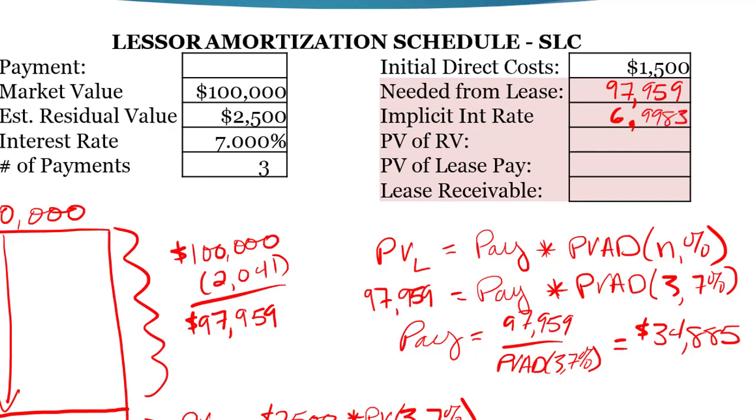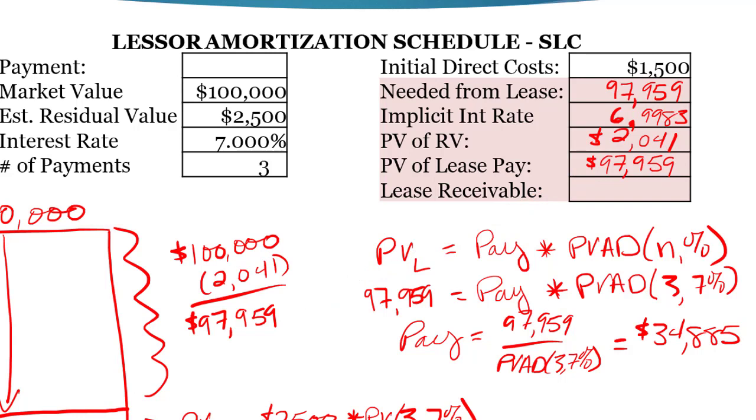And now I can do my calculation. So the present value of the $2,500 at the 6.9983 is a little bit different than what we did before, but not much. If we round to the nearest dollar, matter of fact, we don't even see the difference. It's too similar. And the present value of the leases comes out to be just about the same thing.